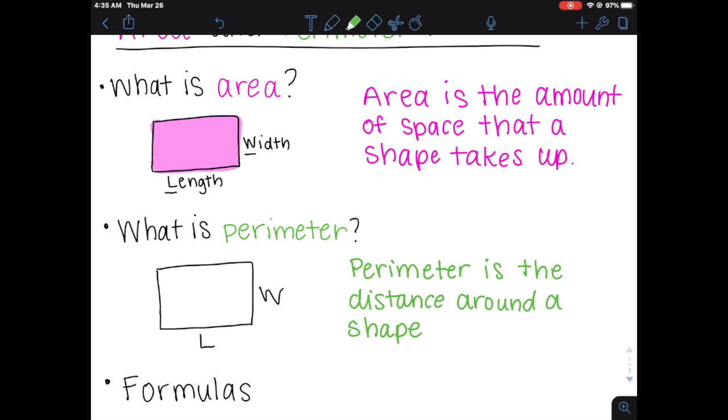So in the rectangle to the left, the perimeter would be following the distance that goes around the shape and seeing how long that is. Okay, so we have area, which is figuring out how much space a shape takes up, and we have perimeter. Perimeter is finding the distance around a shape.